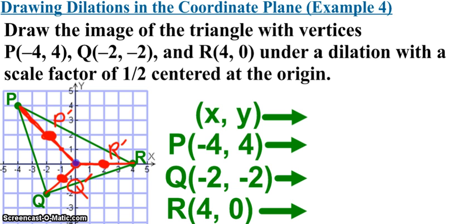Go ahead and connect those points. I'm going to do it with black so that you can see that. Let's see if I can get rid of these red lines here, because we don't need those.